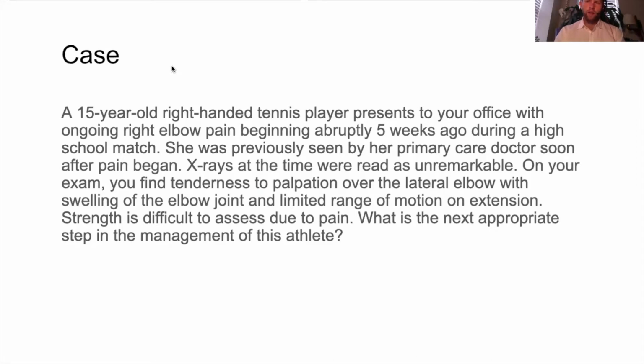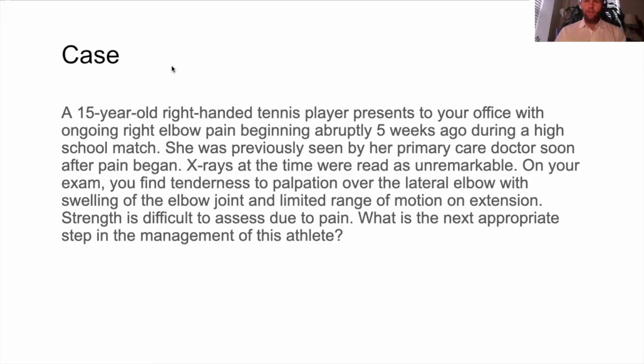Now, this is a fairly typical presentation for somebody with an OCD lesion, where you are going to have an acute injury representative of the disruption of the cartilage from the subchondral bone, and it can be missed on X-ray at times.